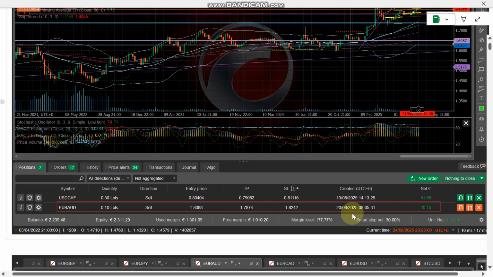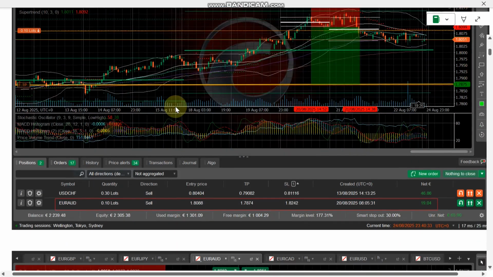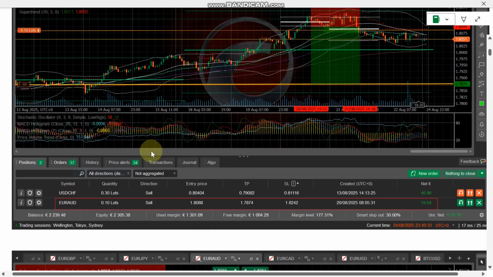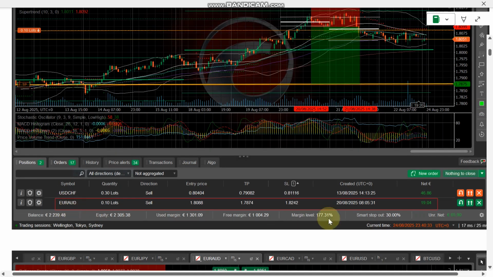Oh no, I'm winning. Euro Aussie is still in green. I have to explain what this is, but I have got time. But just look at the pair name, Euro Aussie.